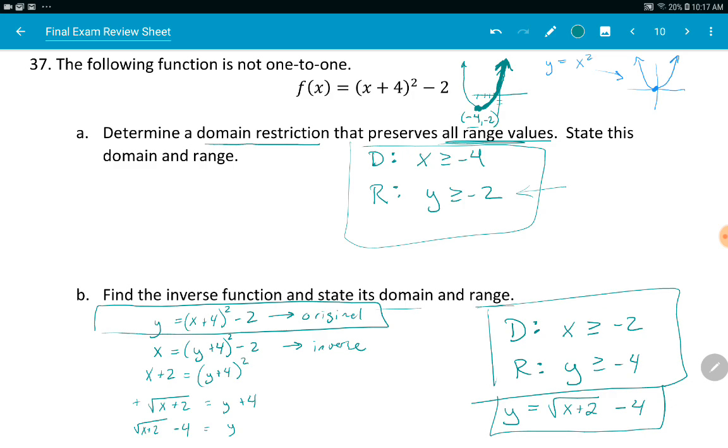Now let's just make sure that our domain and range are correct, as we were hoping it would be. So this is a square root function that also starts at 0, 0, but it's been shifted left 2, so it starts at x equals negative 2, and down 4.